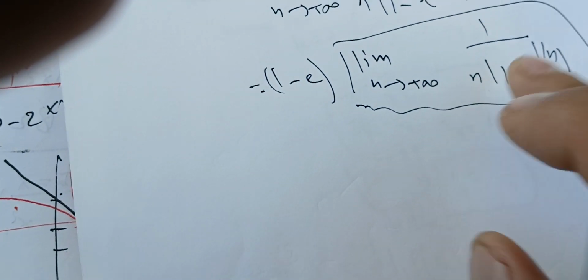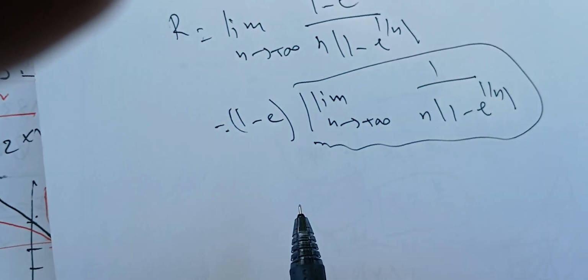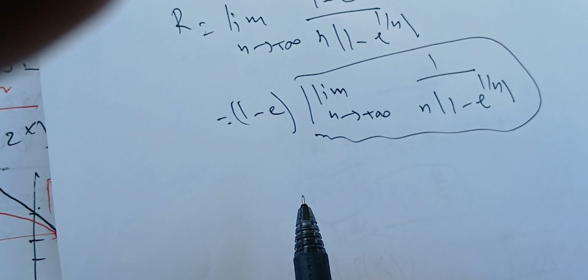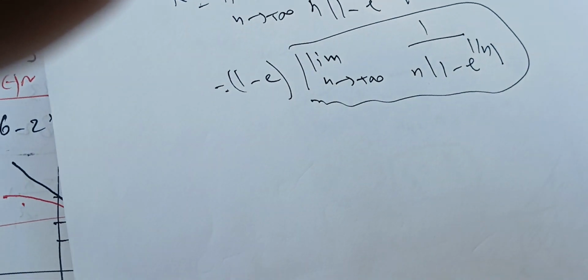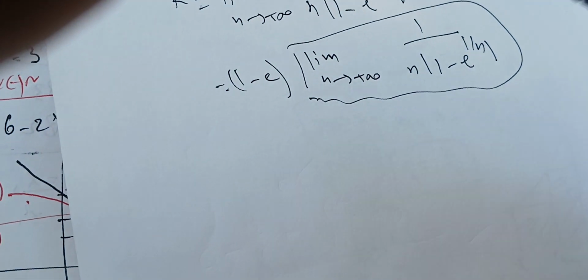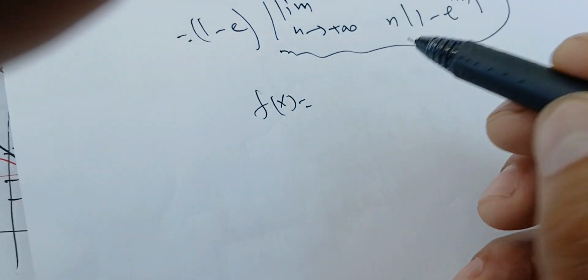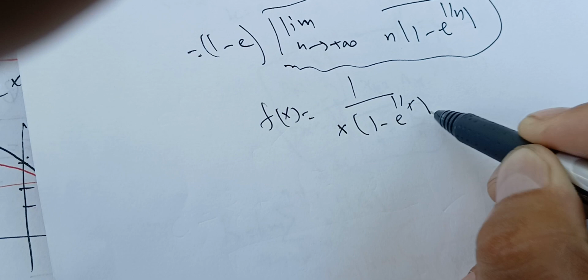So here we have a sequence. But a sequence is a function, it's a particular case of a function. So let's define the following function: f of x equals 1 over x times 1 minus e to 1 over x.